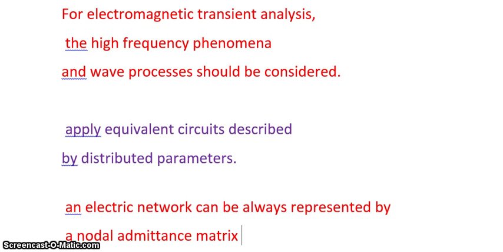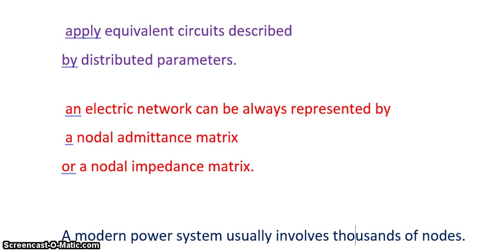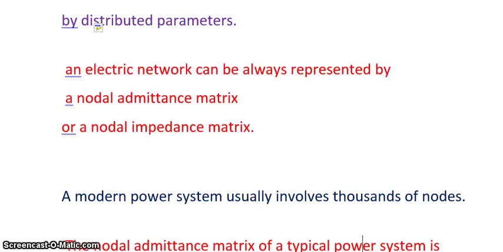So when you want to formulate the mathematical things, we require equivalent circuits, so we need to find equivalent circuits using distributed parameters. An electric network can always be represented by a nodal admittance matrix or a nodal impedance matrix. While we are calculating active and reactive power, it is easier using the admittance matrix than using the nodal impedance matrix.